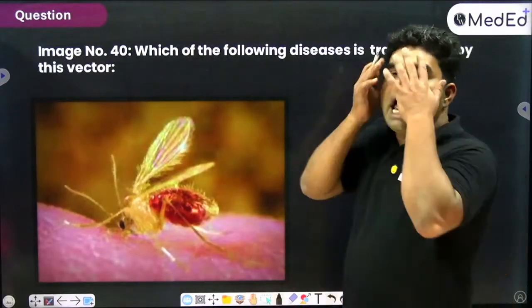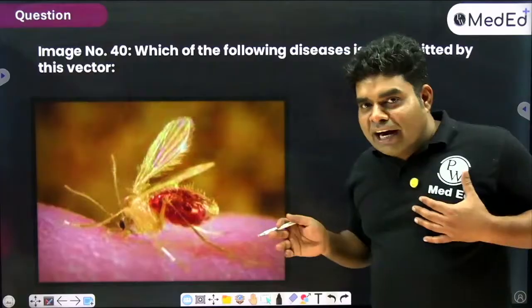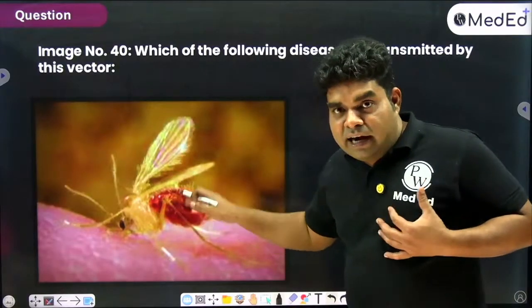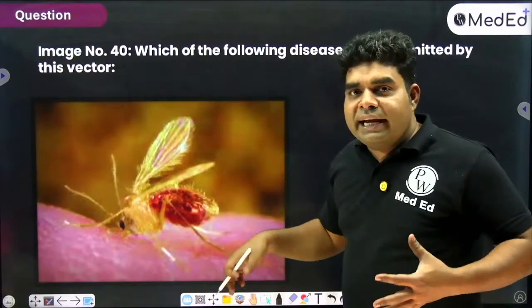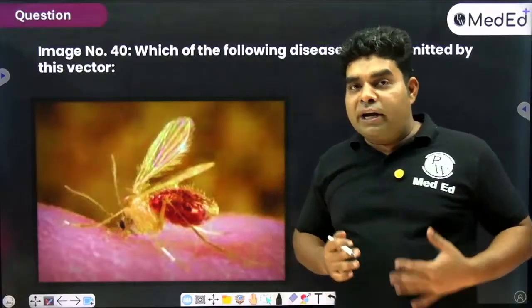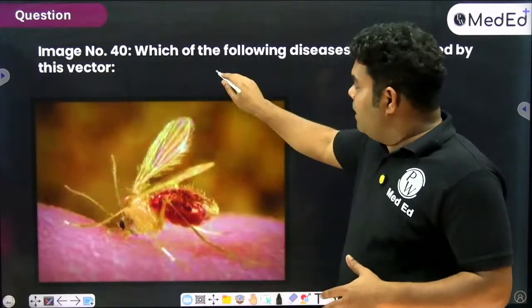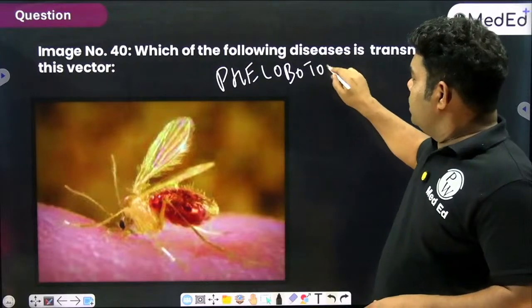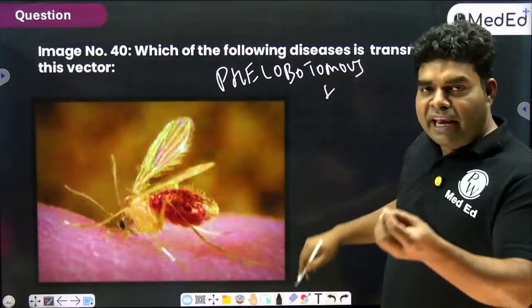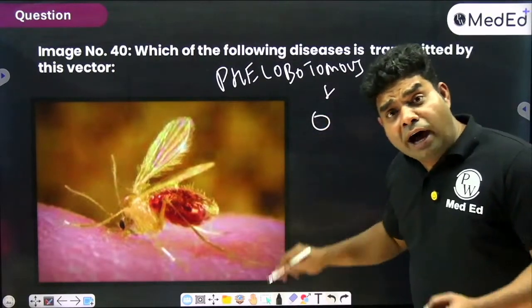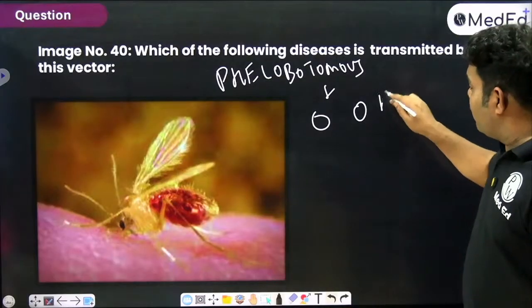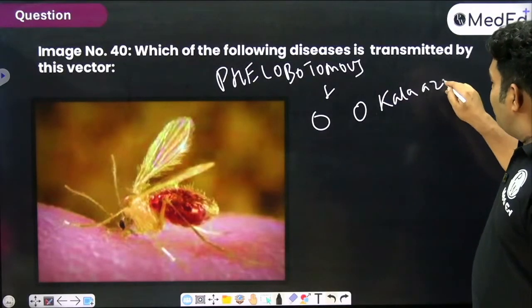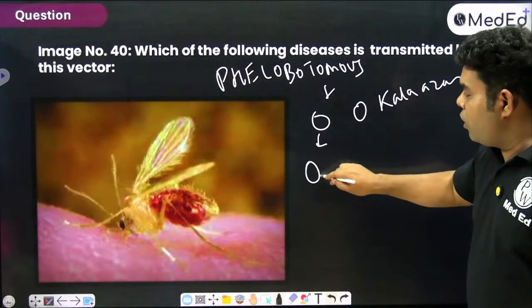Which is this? This is sandfly. Why do they call it sandfly? Because there are golden hairs, and if you see it from a distance, it looks like someone has put sand particles on the body. Sandfly, which is Phlebotomus, transmits 4 diseases, which you can remember by just saying it with me. Oh, Kala Azar. Say it. Oh, Kala Azar. Why this mnemonic? Because O stands for Oriental sore.